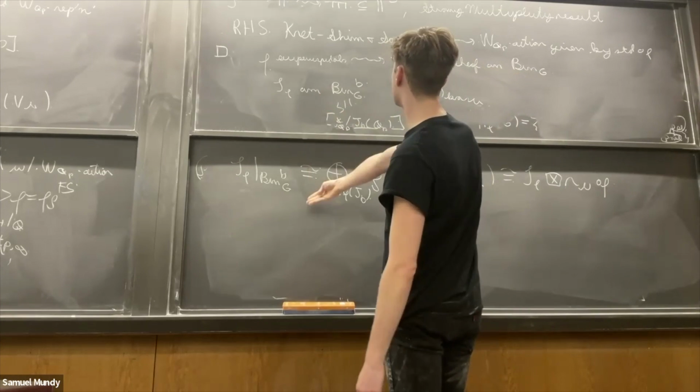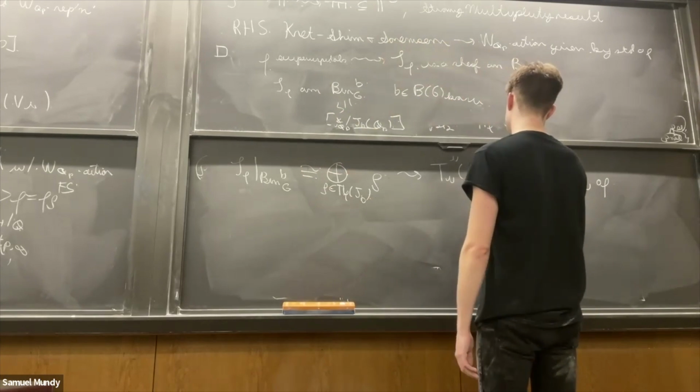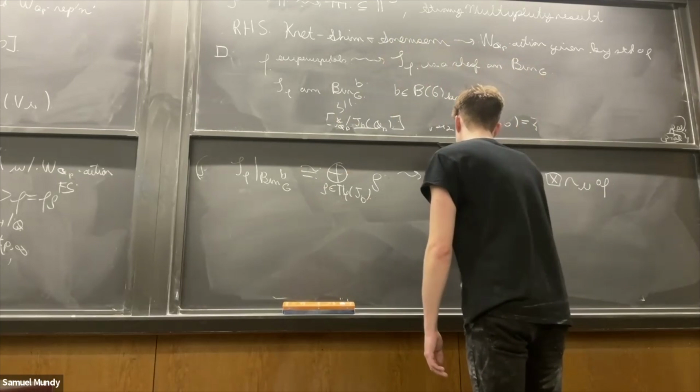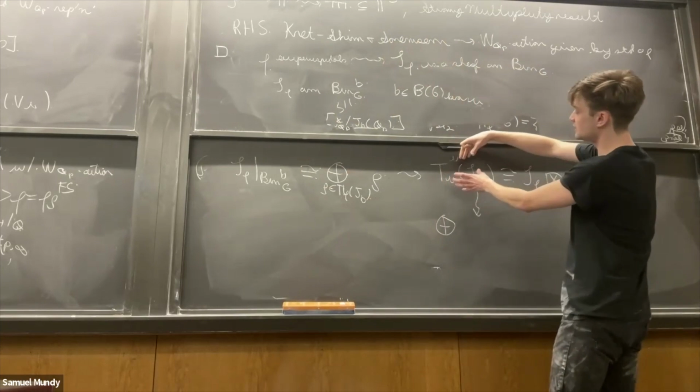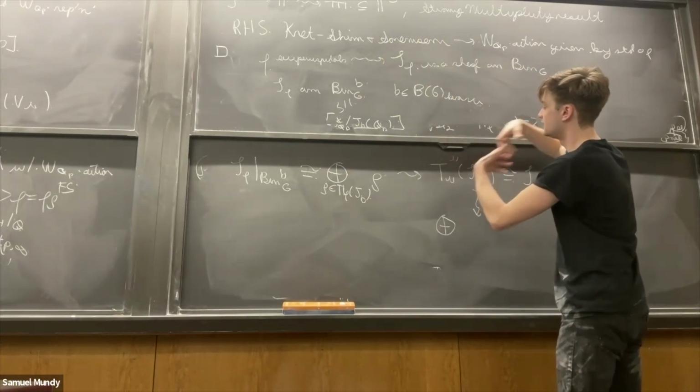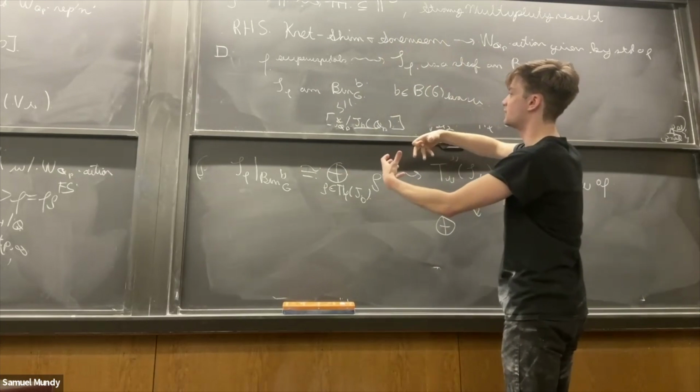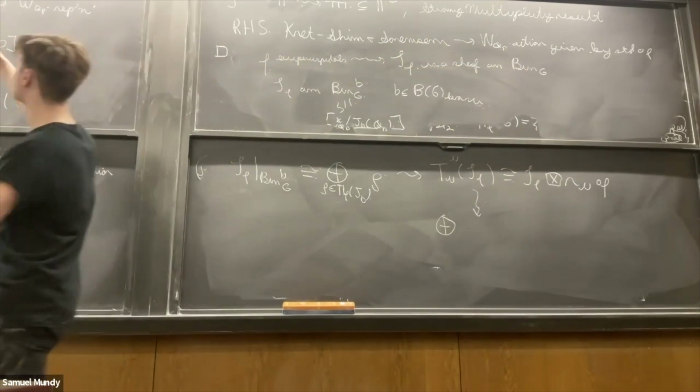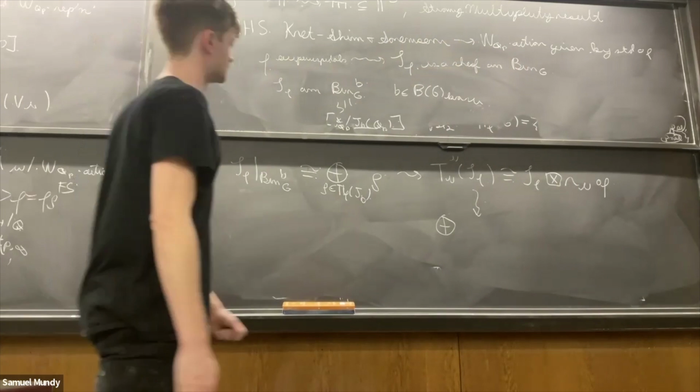So what happens if you restrict this? Well, what's going to happen is that this is really given by a tensoring by the cohomology of some space of modifications of type mu. But that was precisely the definition of these Shtuka spaces.